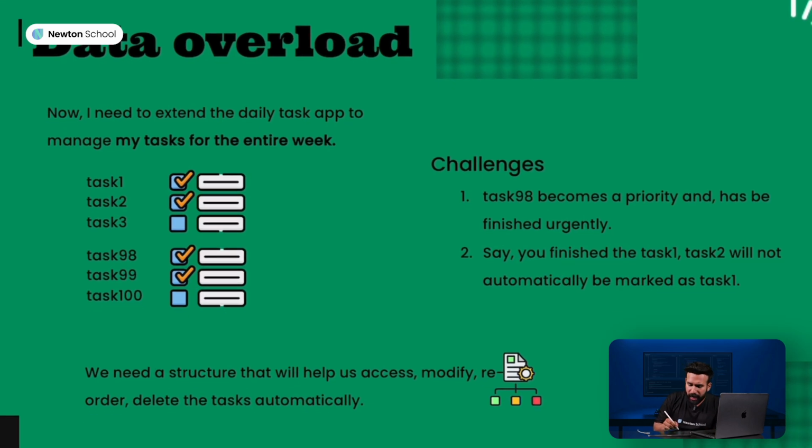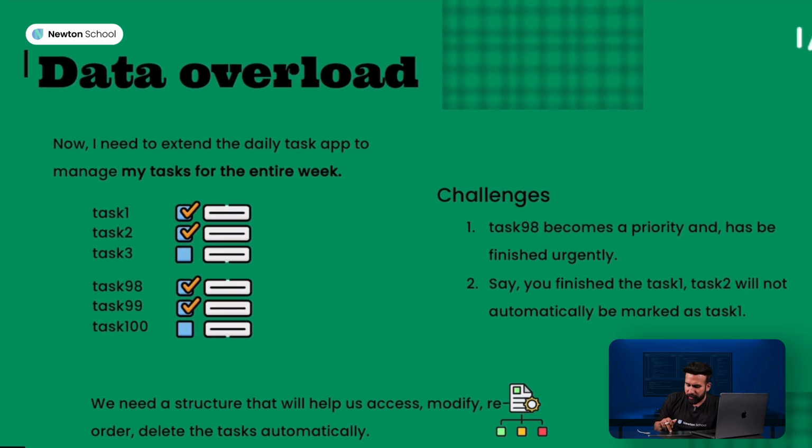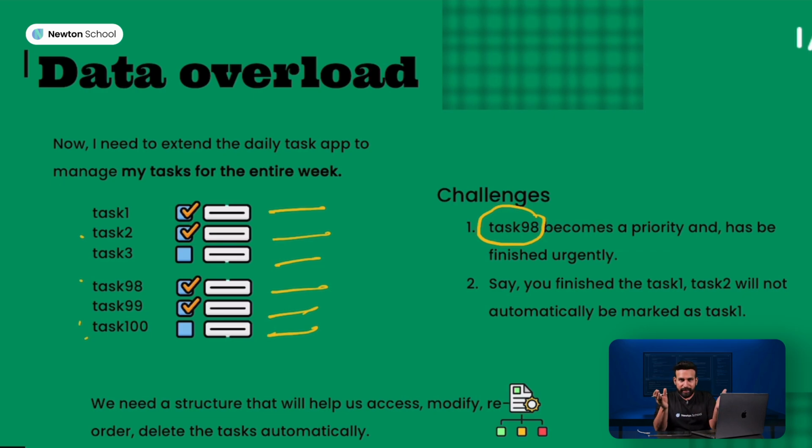Now, technically, I can actually create some 100 variables, store them in different variables as strings, right? Technically, there is no problem in this, right? But here are some interesting challenges. Imagine task 98, which you were earlier planning to do in a priority sequence of 100 tasks at position 98. Now your boss comes to you and says that, hey Anand, you have to do this on priority.